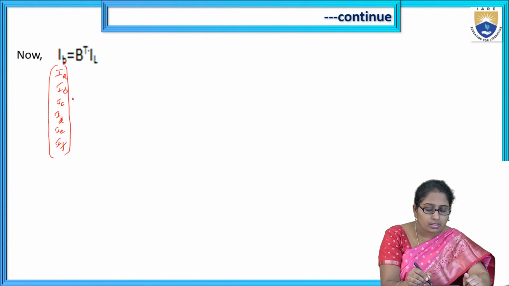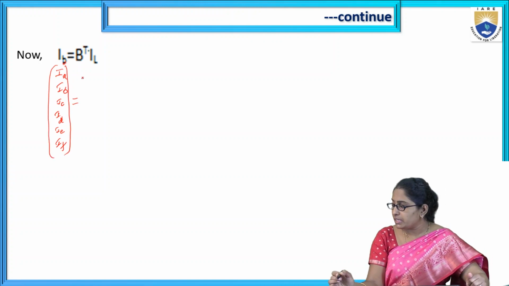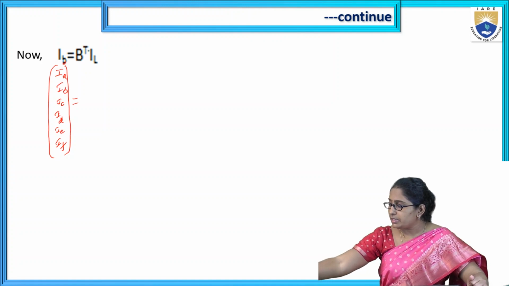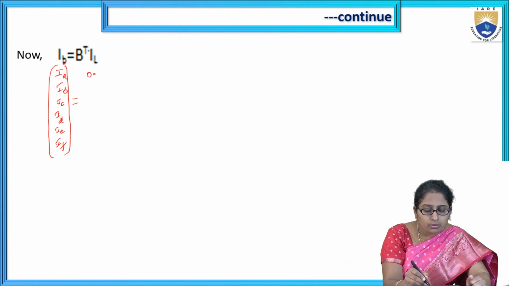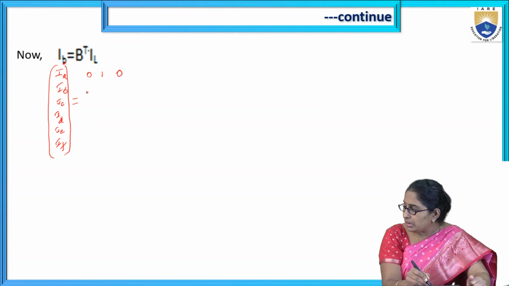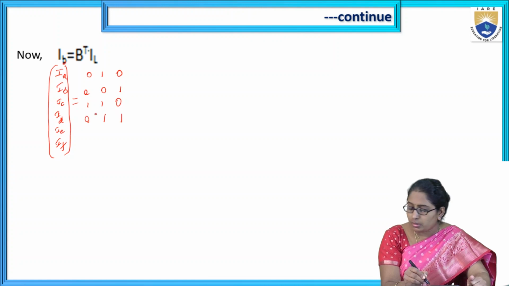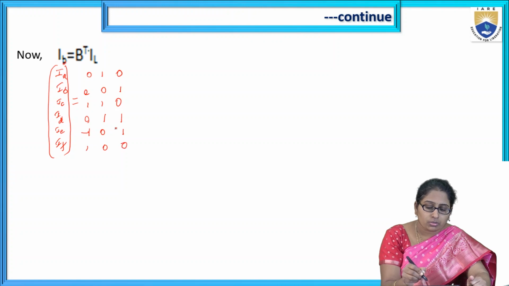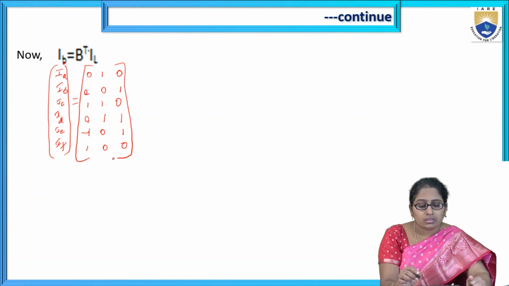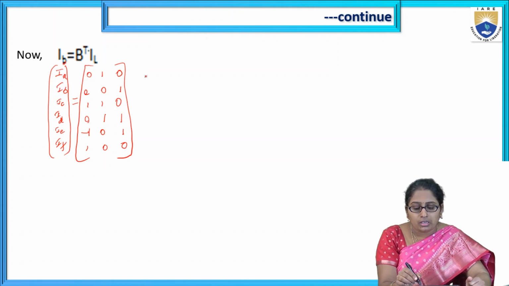Then the tie-set matrix B transpose has rows 0, 1, 0, then 0, 0, 1, then 1, 1, 0, then 0, 1, 1, then minus 1, 0, 1, then 1, 0, 0.